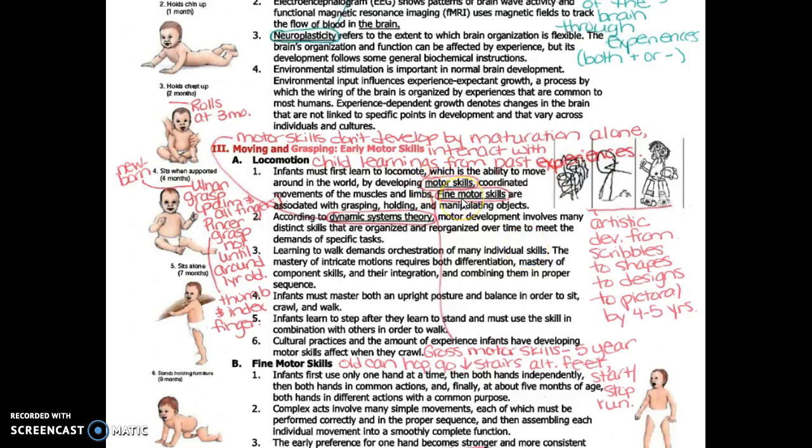All right. So fine motor skills refer to a lot having to do with picking up little things, using your hands, using the small muscles. So newborns use an ulnar grasp. Okay, so if you take your hand and you put all of your fingers together, and then you put your thumb by the side of your hand, and you just kind of make it look like a claw action.